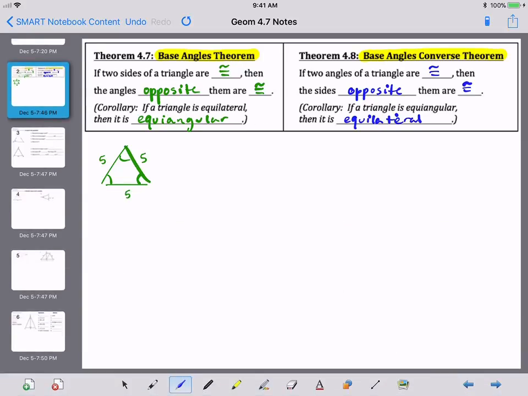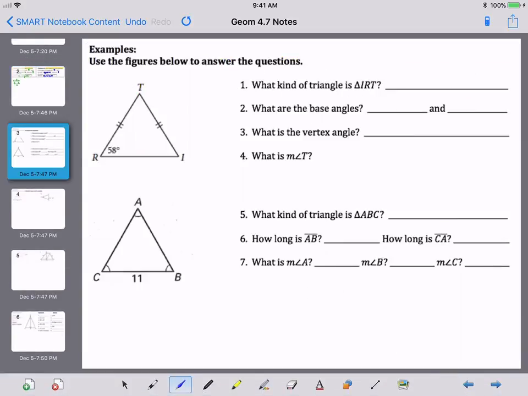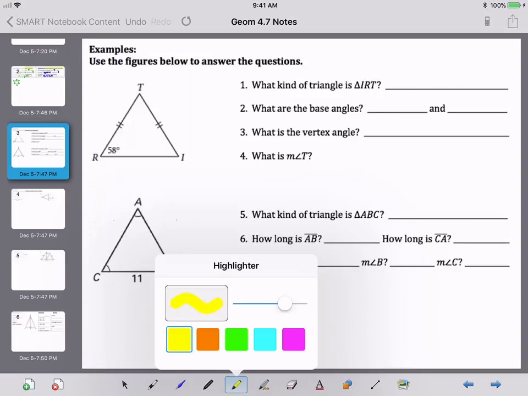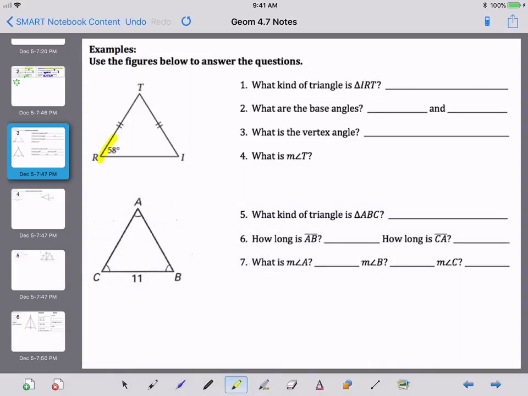First of all, let's just take a look at naming some things in triangles. If we look at this triangle RTI, we notice that there's two congruent sides. So side RT is congruent to side TI, which tells us it has to be an isosceles triangle.